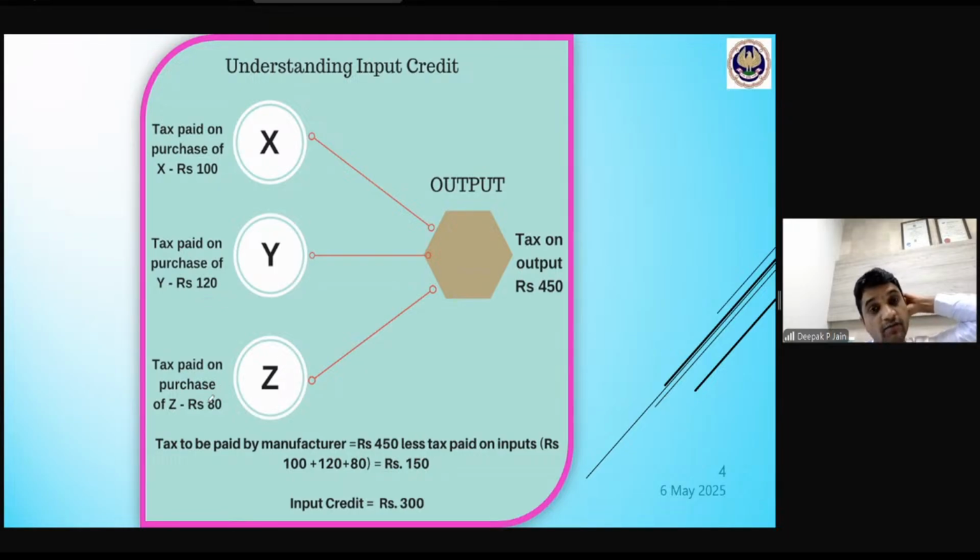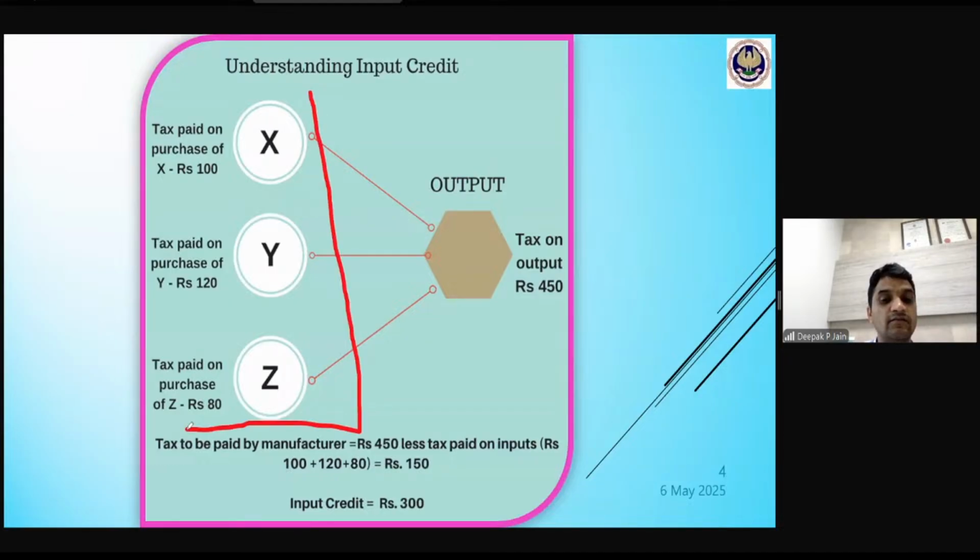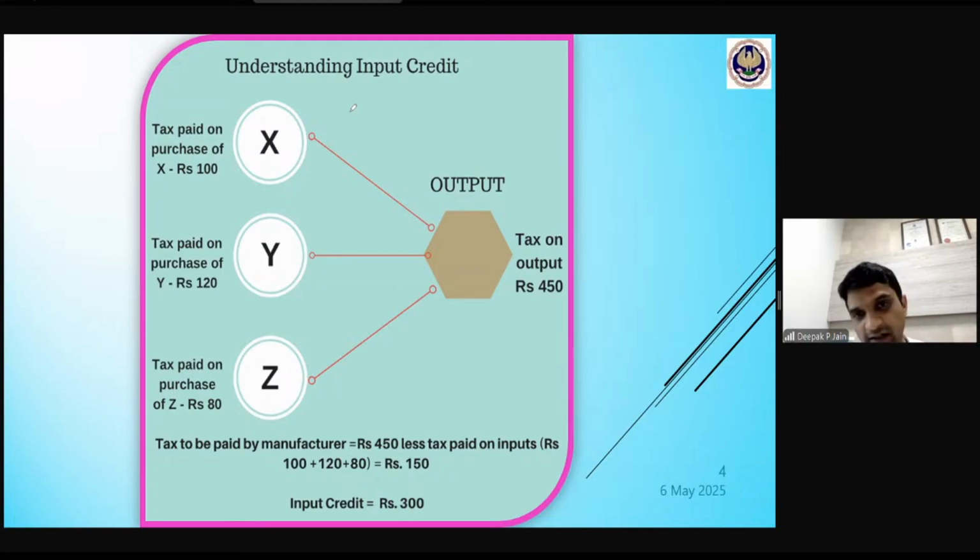And the tax paid on purchase of product Z is 80 rupees. So how much is the input tax credit he has with him on purchase of these three products? 300. Correct. When you add all of this, that is the credit which is available to you.